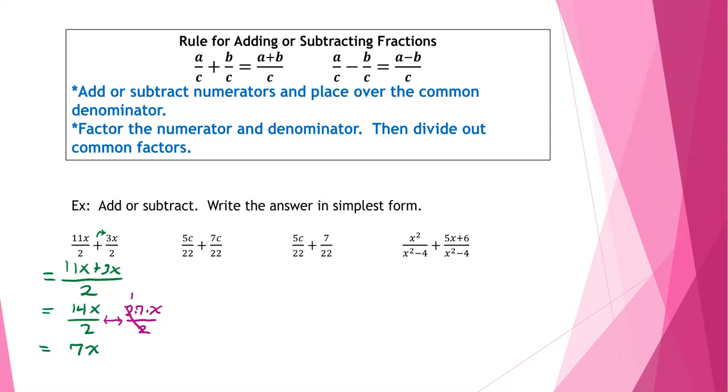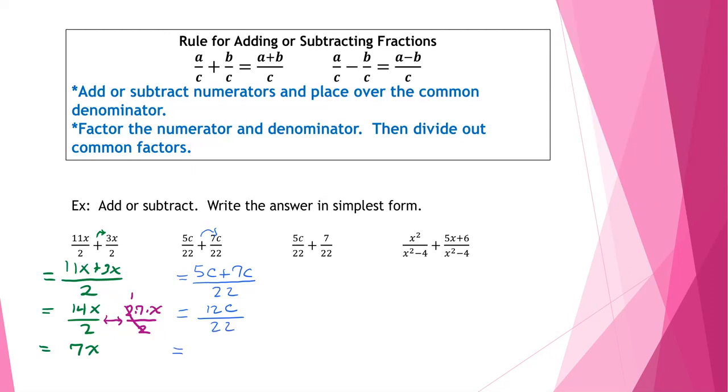If we look at the second example, we have 5c over 22 plus 7c over 22. So we're going to say 5c adds with 7c, because this is saying add the second term, and then it's all over 22. Those are like terms, so 5c plus 7c is 12c, all over 22.